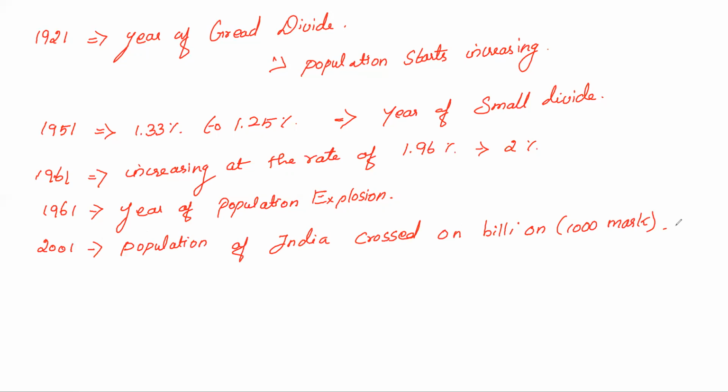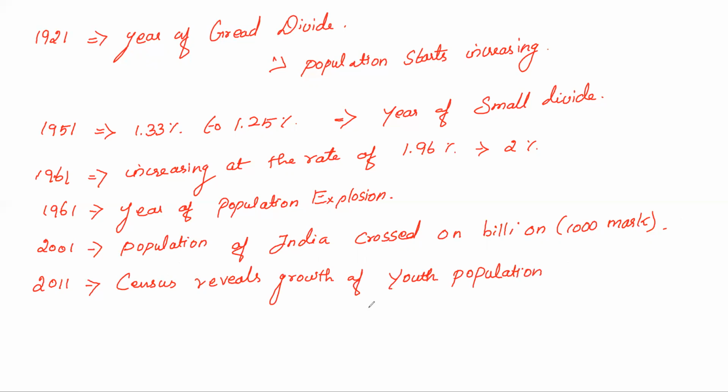So next, 2011, the census reveals growth of youth population, which is described as demographic transition.